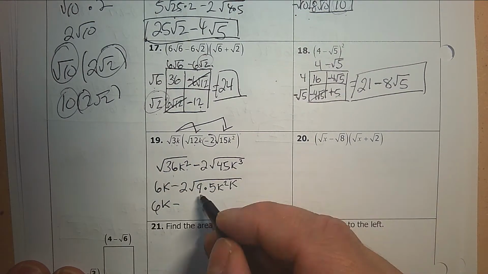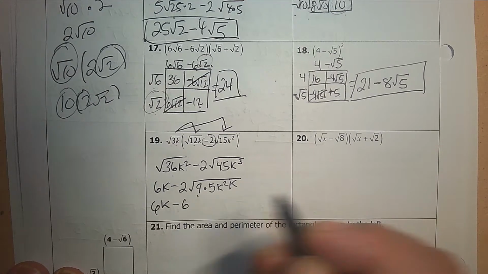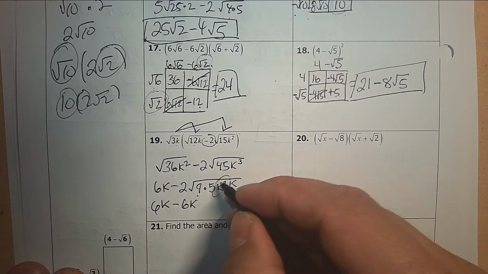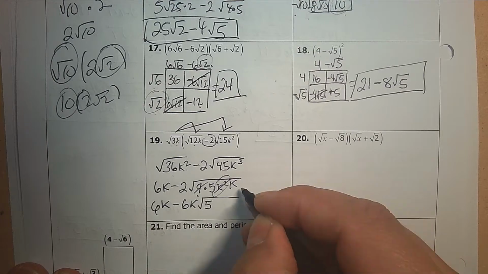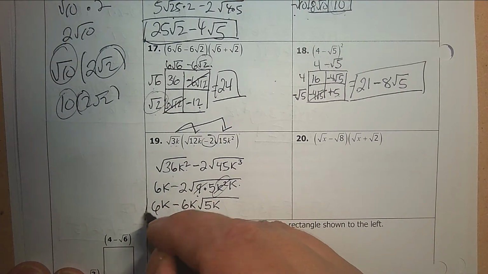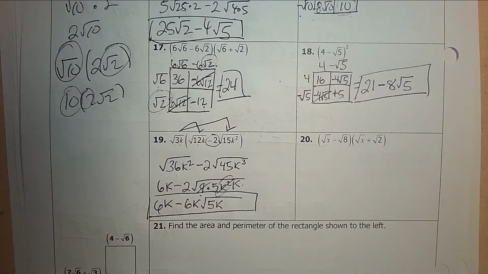The square root of 9 is 3 times 2 is negative 6. K squared is just k. And what's left underneath is 5 and k. They are not like terms. If you're in the mood, you could factor out the 6k, but that's not what we need to do.